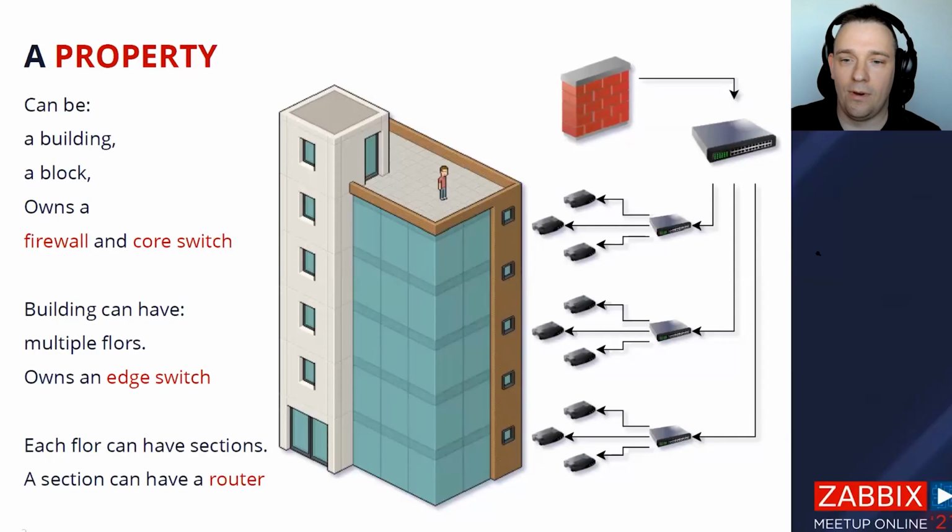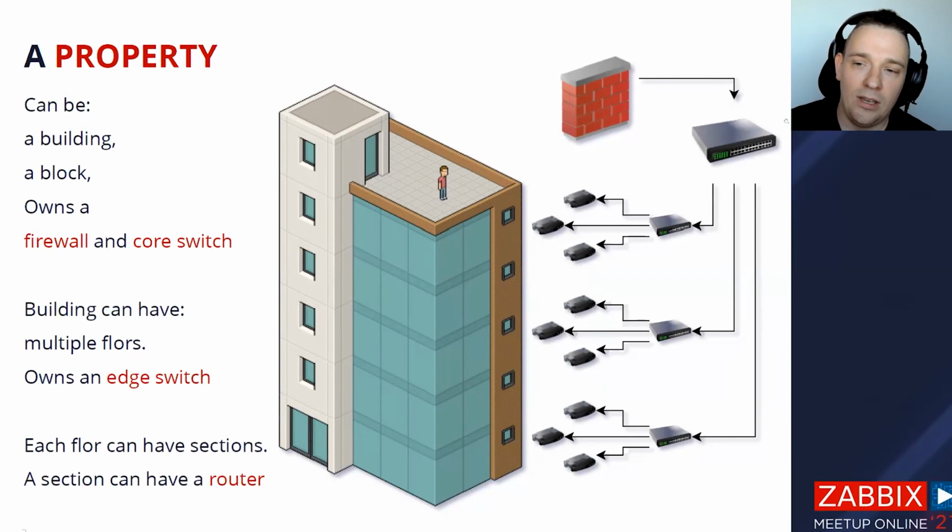All right, going further. So it all starts with a property. It can be a school, a hotel, a hospital, some sort of huge building. And this building most likely will have a lot of network components. In order to enter the building from the outside network, there will be a firewall.